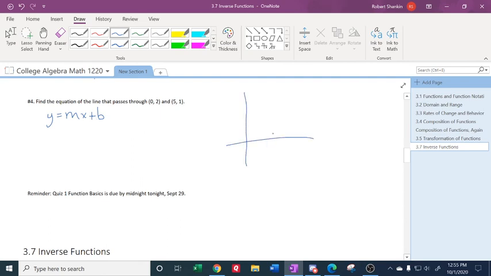And that's the slope, that's the y-intercept. If we have the graph of what's going on here, 0, 2 is right here, and 1, 2, 3, 4, 5, 1 is right here. And so this is the line going through those 2 points. There is the y-intercept. And the slope is the difference in the y's over the difference in the x's.